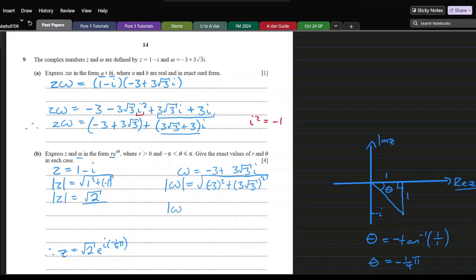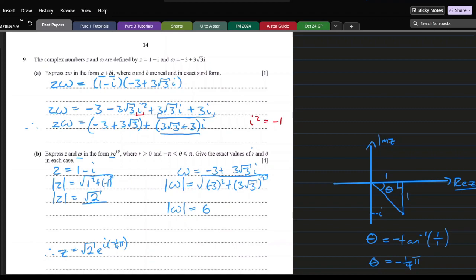So the modulus for omega is equal to, let's punch this into the calculator, the square root of negative 3 squared plus 3 root 3 squared. This gives us a 6.